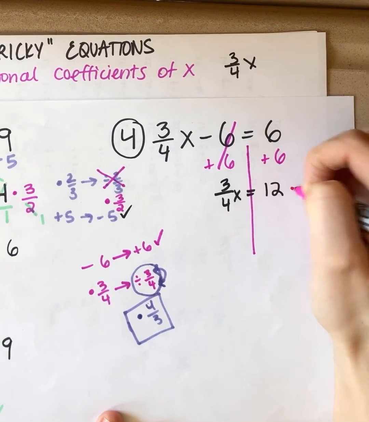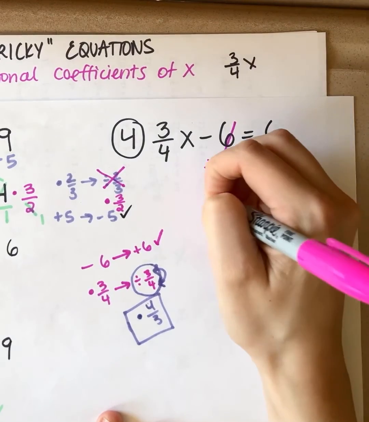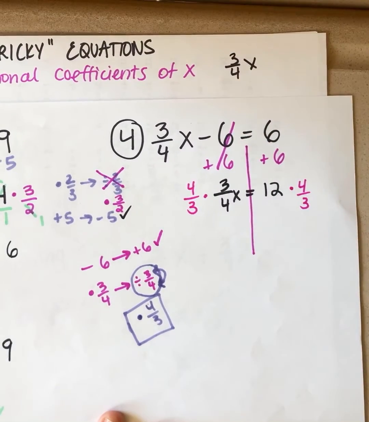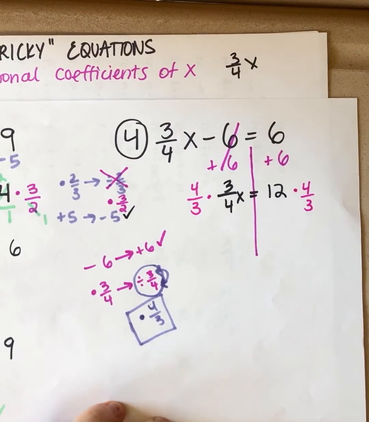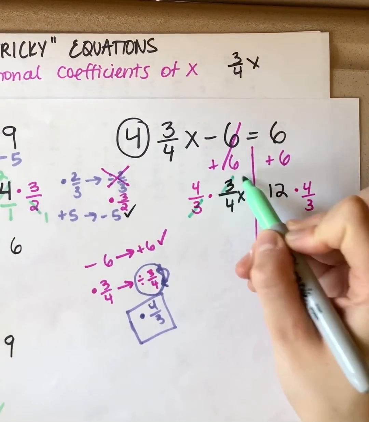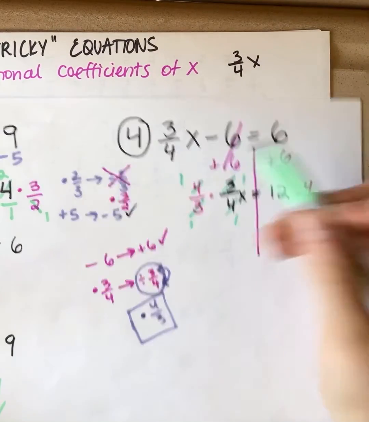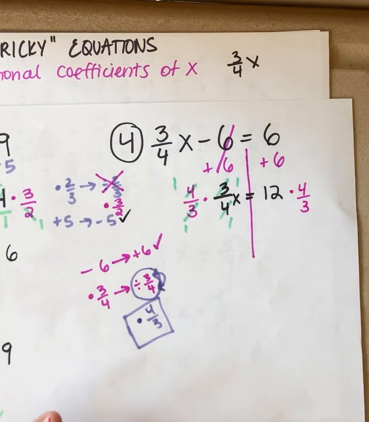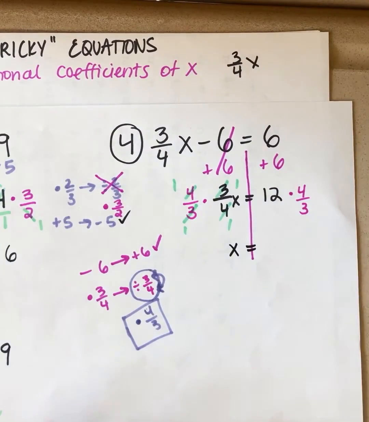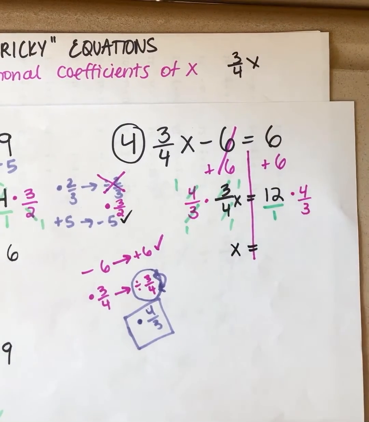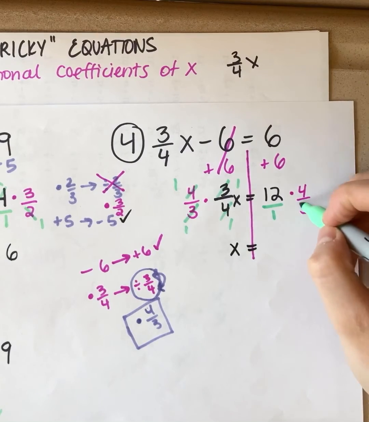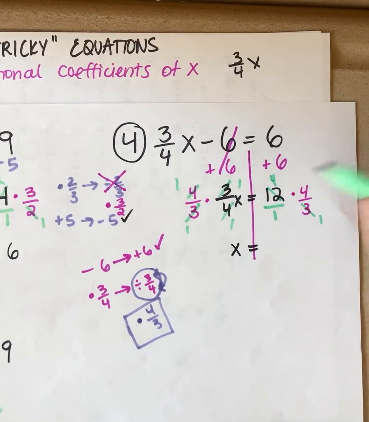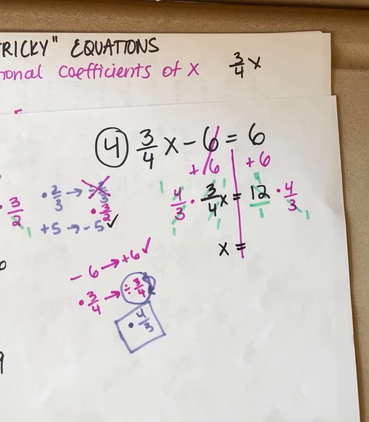So I'll take 12, I'll multiply by that reciprocal 4/3. When I do this, I just want to be left with x. I'm trying to undo what's happening to x. And this trick works because the 3's cancel out and the 4's cancel out, and I'm left with 1x. Since I did it on this side, I also do it over here. And so I'll think about my fraction work. Well, 3 goes into 3 once, it goes into 12 4 times, and 4 times 4 is 16.